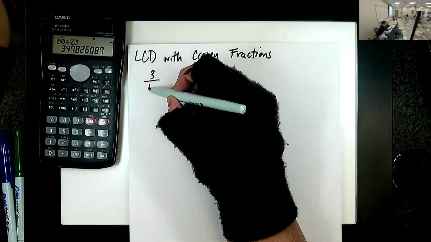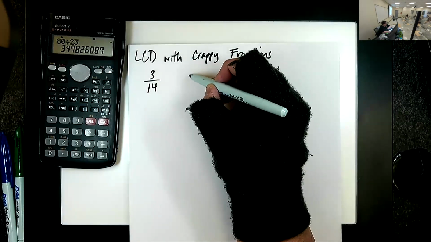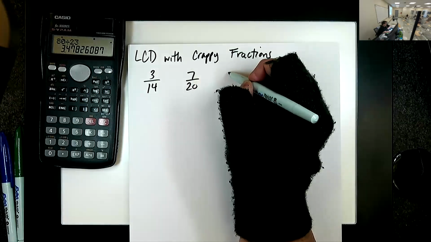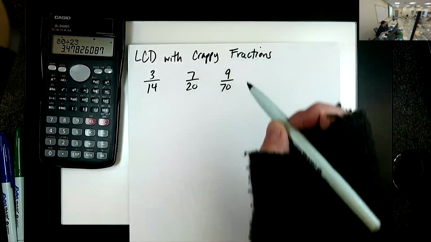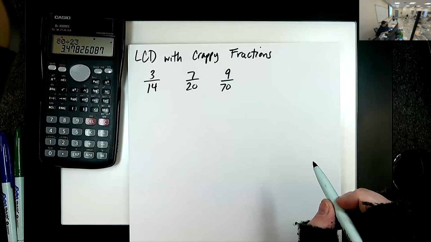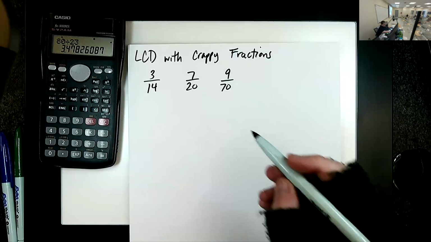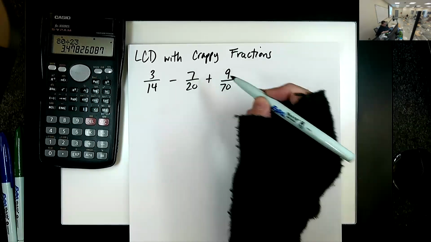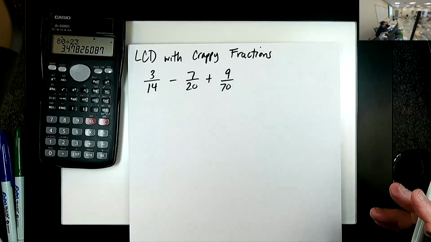Let's go with 3/14 and 7/20 and 9/70. And since we're talking about addition and subtraction, let's make it minus the 7/20 and plus 9/70.